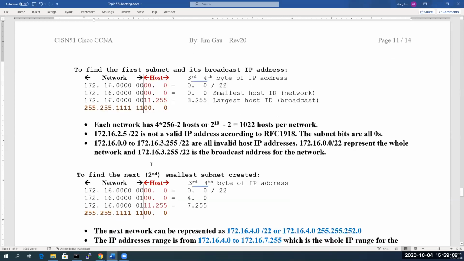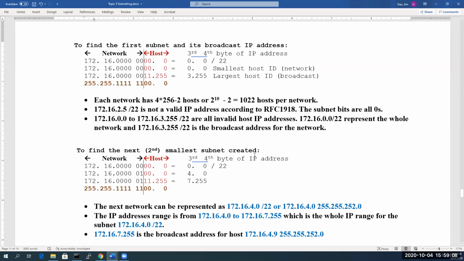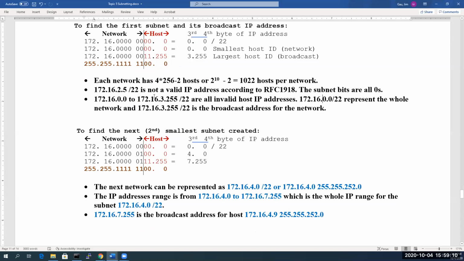Okay. Well, some can argue that this is not a valid IP address, so I will not test you on this, okay? This is just when some of those senior administrators want to make a big deal out of this RFC, and you better understand it, because for 172.16.0.0, according to the new subnet mask, the newly created network is all zeros.